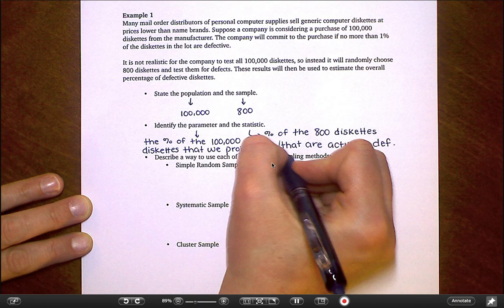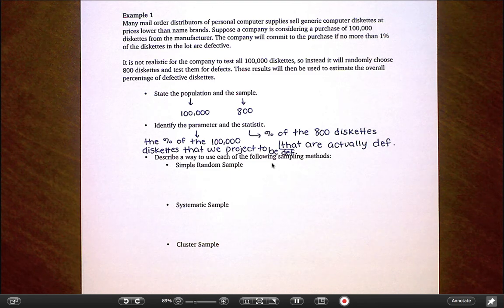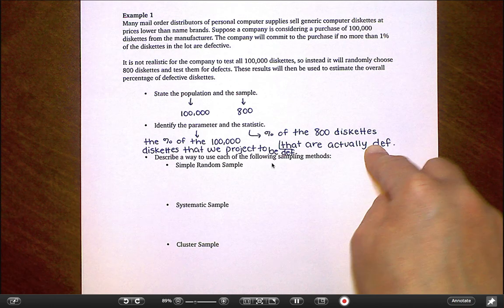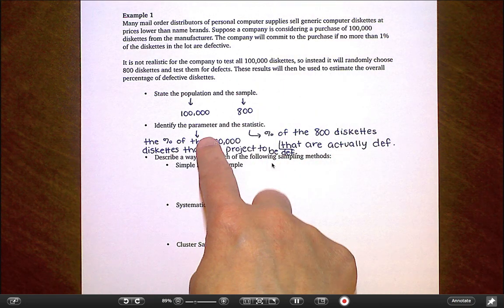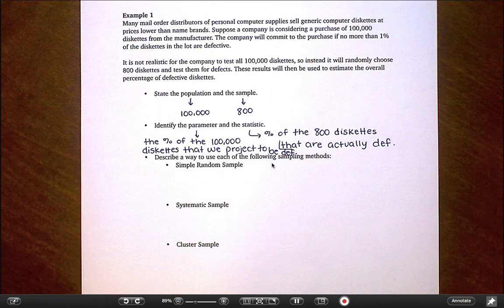I'm going to run out of space here. Sorry about that, I'm trying to write fast for you. So the statistic is an actual number. We actually tested them, we know how many there are. The parameter is what we get when we take that statistic and project it out to the entire population.